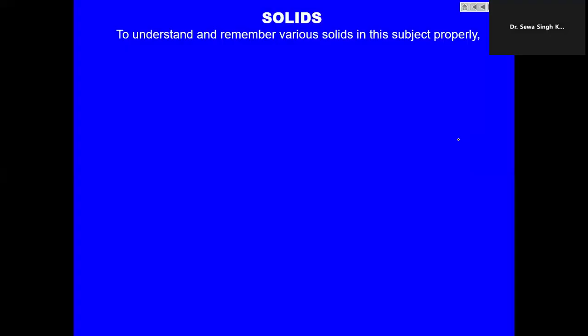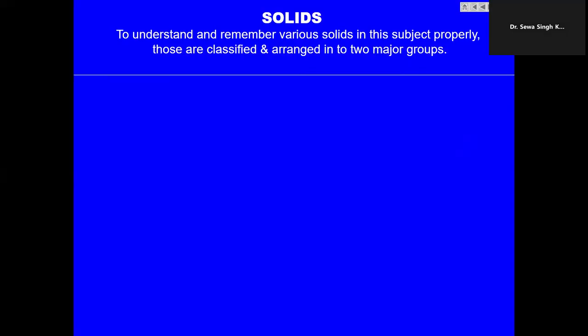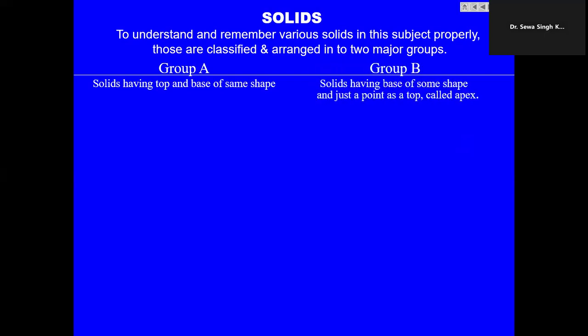Firstly, we can classify solids in two categories. Group A, having top and base of same shape. Group B, having base of some shape, it may be circular, it may be polygonal, and at the other end, we have one point as a top, which is called apex.